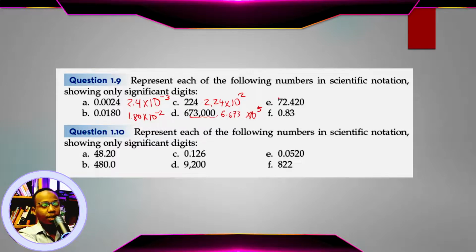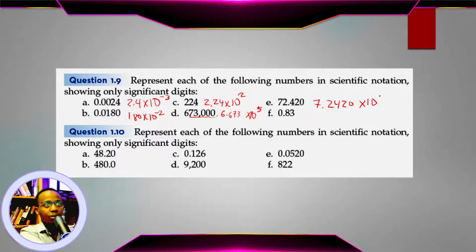All right. So some of them might be tricky, like this one, but that's okay. You already have a decimal point here, but you just have to move it until you get to 1. So this is 7.2420 times 10 to the what?